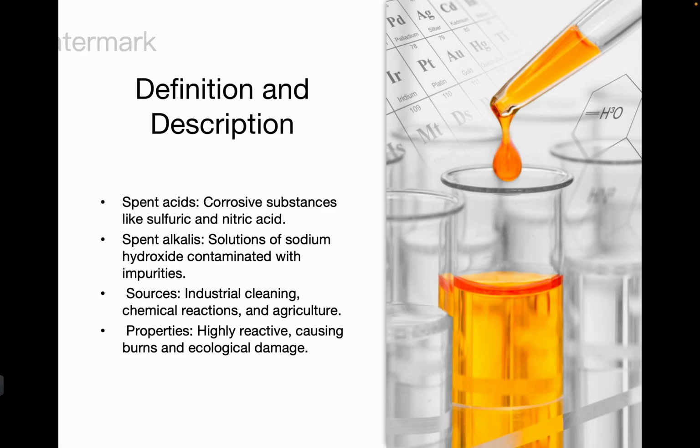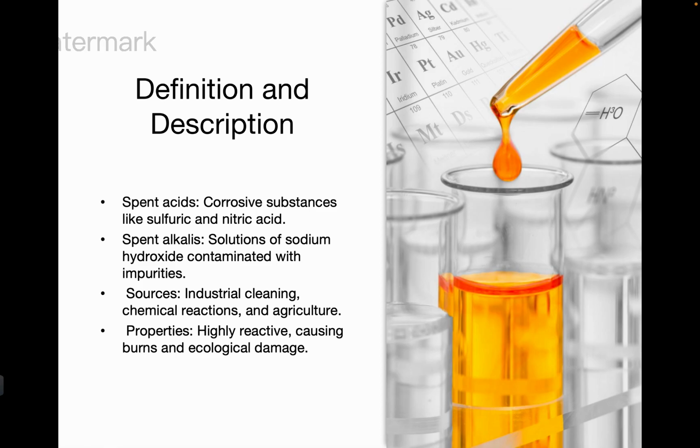By addressing these aspects, we hope to highlight the importance of sustainable waste management practices for mitigating risks and protecting ecosystems. So, for the definition and description: spent acids such as sulfuric and nitric acid are corrosive substances rendered unusable due to contamination or overuse. Similarly, spent alkalis like sodium hydroxide solution are often diluted or tainted with impurities. These wastes originate from industrial cleaning processes, chemical reactions, and even agricultural activities.